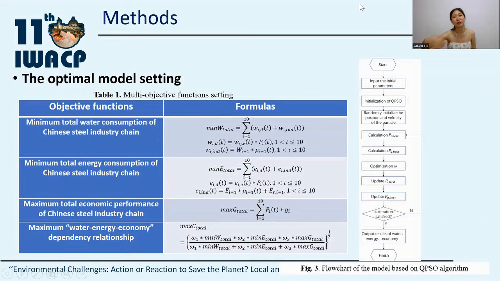Then we could build a model, and table 1 shows the multi-objective functions of this model. These functions include the minimum total water consumption, minimum total energy consumption, maximum total economic performance, and maximum water, energy, and economy relationship. About this model, we use the QPSO algorithm.